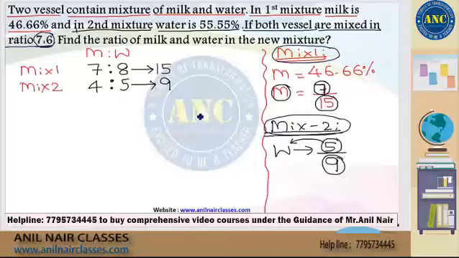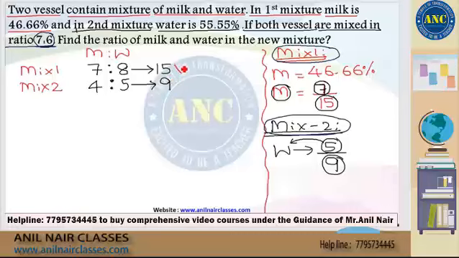I already taught you in my previous question that whenever they ask for some ratio other than the equal ratio, first make it equal. The values 15 and 9 are not equal. First make 15 and 9 equal. The LCM of 15 and 9 is 45.